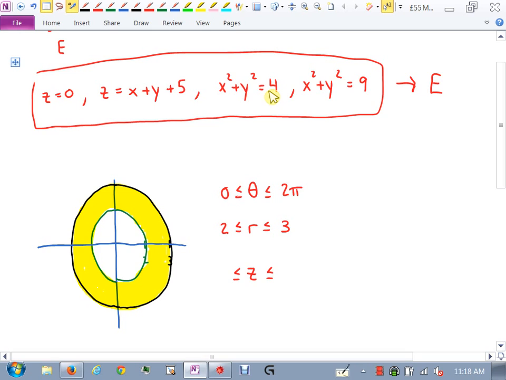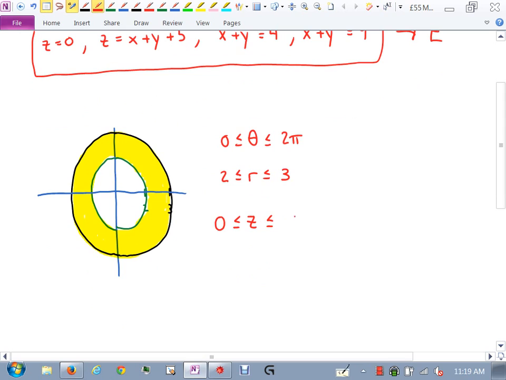So we can tell here that the ground is what? Z is going to be 0. So I know that z is going to be between 0 and what? X plus y plus 5. However, I'm not allowed to use x and y, because I've converted to polar, haven't I? Everywhere that you see x's, they have to be replaced with r cosine theta, and everywhere you see y's, they have to be replaced with r sine thetas.